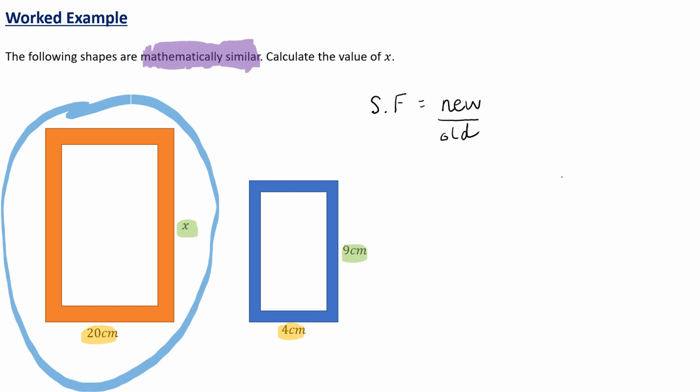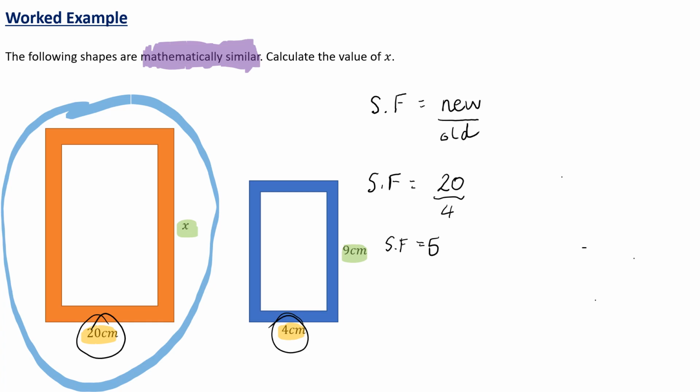Okay, so I'll look at the matching pairs of information that I have. I've got 20 and 4. So when I put this into my scale factor, it's going to be my 20, because that's the corresponding side that's new, over the 4. So the scale factor is 20 over 4, which is 5.